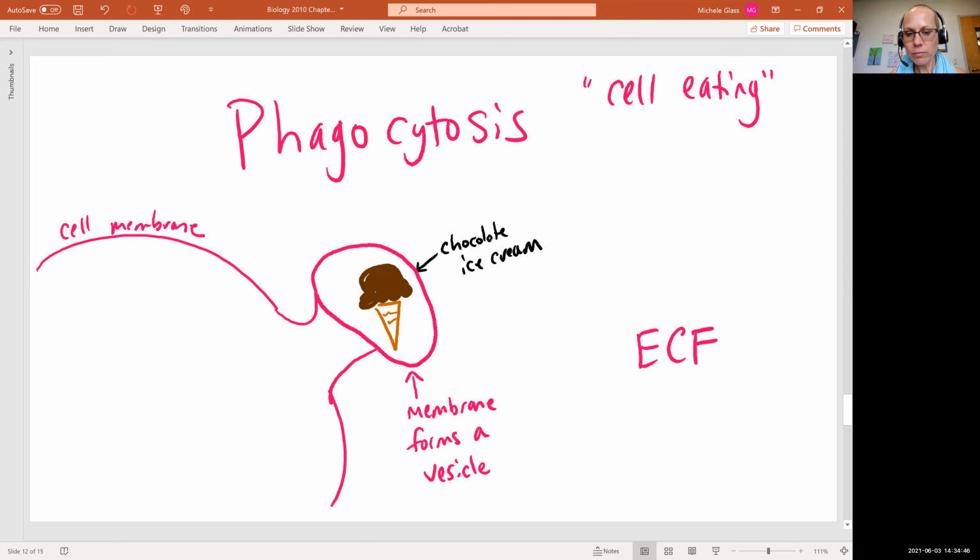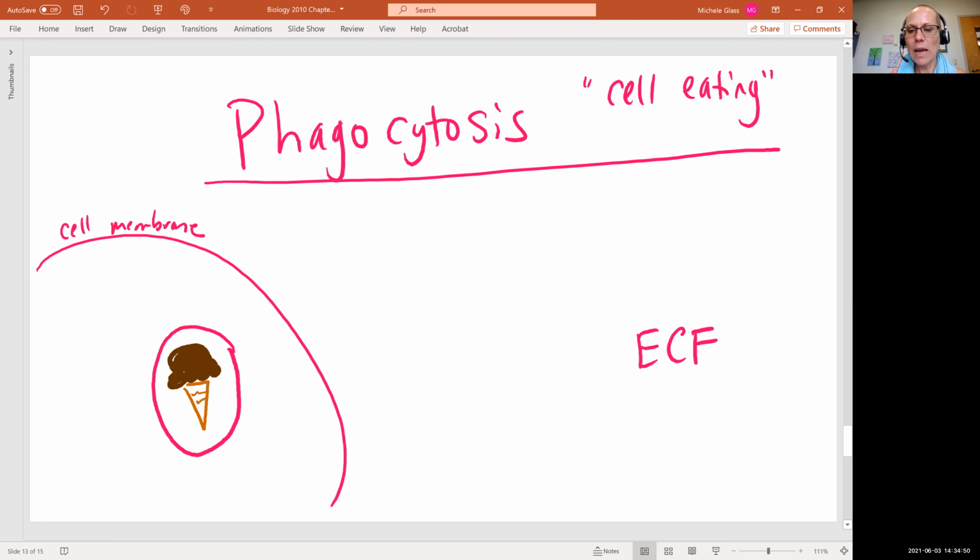And so basically it's forming this vesicle around that ice cream and then bringing that ice cream inside the vesicle into the cell. So this is important if instead of ice cream, we were actually drawing E. coli or some pathogen. You wouldn't want that pathogen to be able to infect your cell. You'd want it to be packaged up.